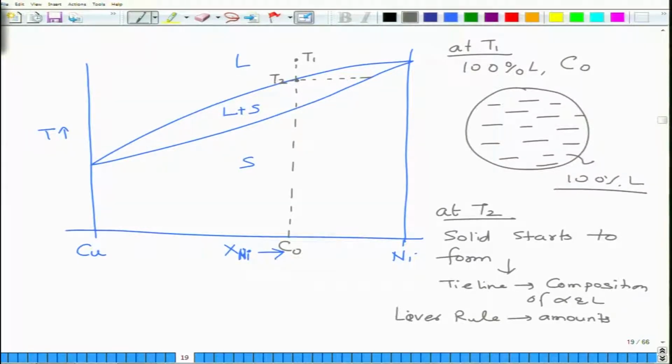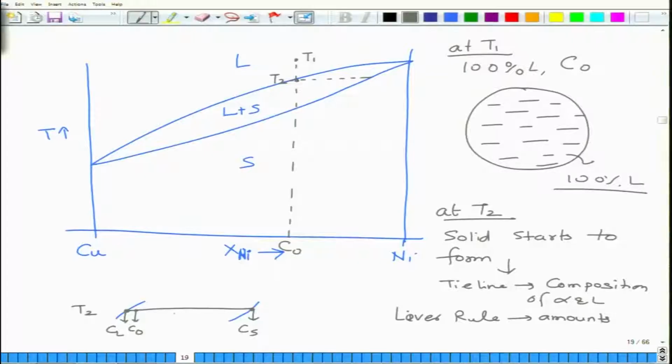So let's zoom into this portion at T2. So at T2 we are something like this. Our overall composition is this, this is C naught. This is the solidus. So this is CS, and this is CL. Since the solid has just begun to form, the difference between CL and C naught is very, very small.